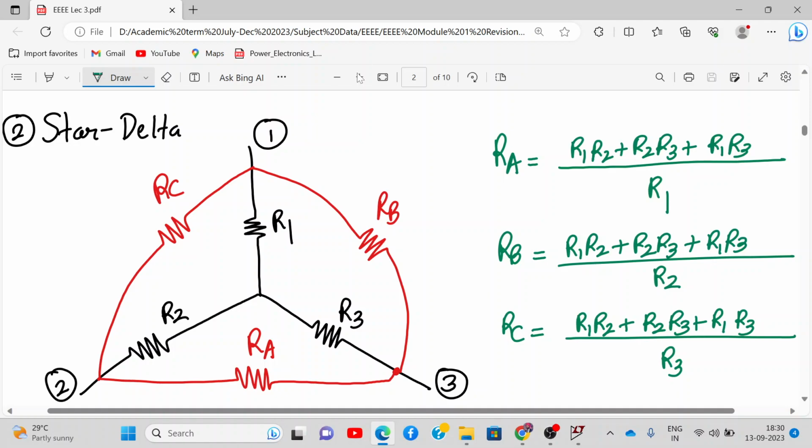Got it? In this manner, we'll convert a star connection into a delta. This is called star to delta transformation. Now this will be extremely helpful to simplify resistive networks. Got it? So please note it down in your books. I hope you have noted it down.